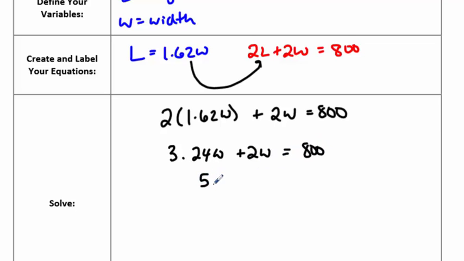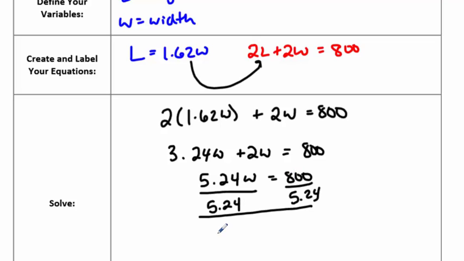Combine like terms, we're going to get 5.24 W equals 800, and then divide 800 by 5.24 to solve for W. We get that W is about 152.67.